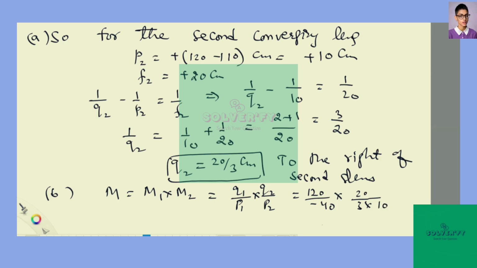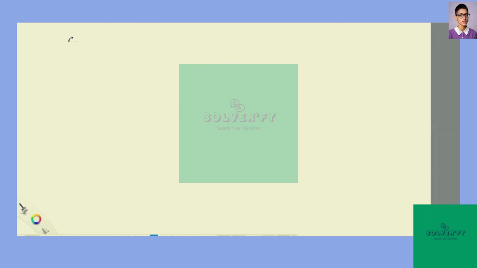So calculating it, we get minus 10 as the linear magnification. And again the negative sign associated with this linear magnification suggests that the final image is inverted again.